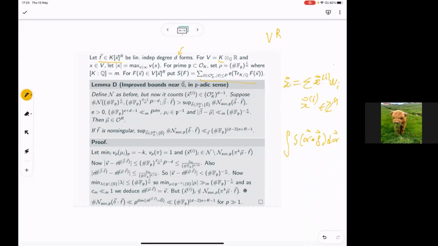The main difference is that, so this should be p to the minus e, I think.